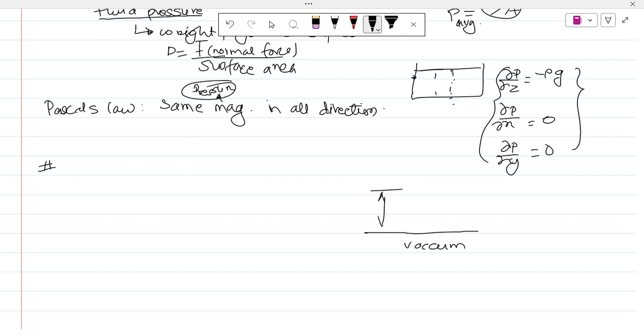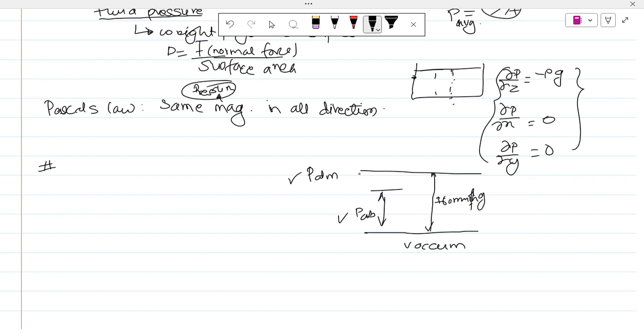This is P absolute, which is measured with respect to the pressure in vacuum. But we have our atmospheric pressure, P atm, which is 760 mm of Hg. This is known as atmospheric pressure.